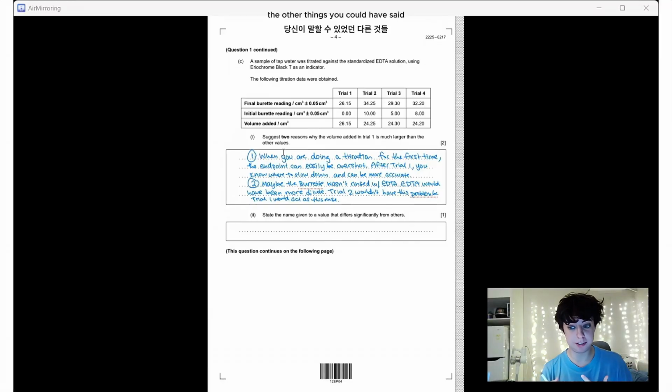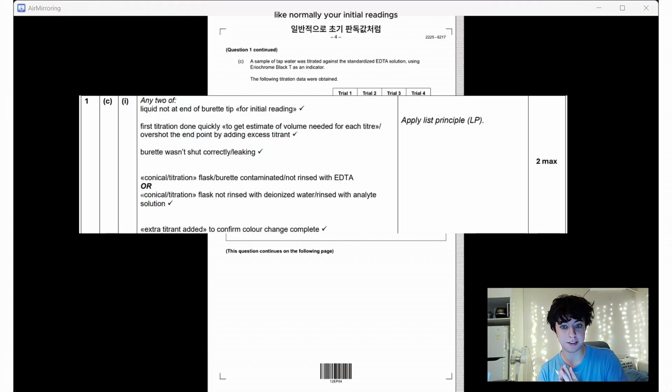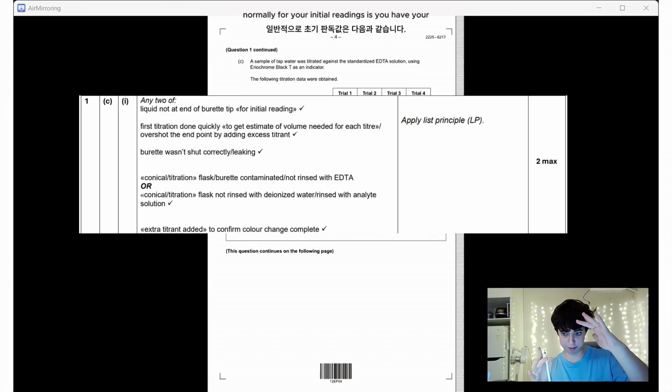The other things you could have said were that the liquid at the end of the burette tip, like normally for your initial readings you remove the bubbles.